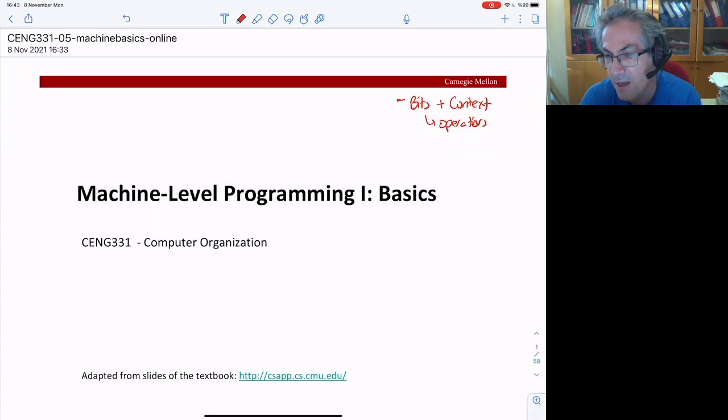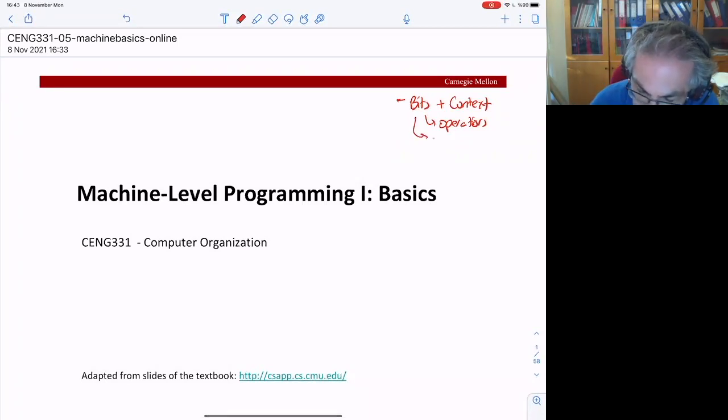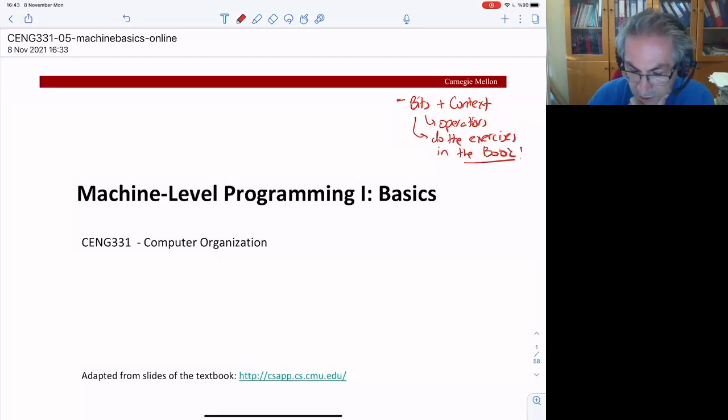I suggest that you go over all the exercises within the chapter, and there are also some extra questions at the end. Please go over them, and I guarantee you that some of them will pop up in the exam. So please study the exercises in the book.